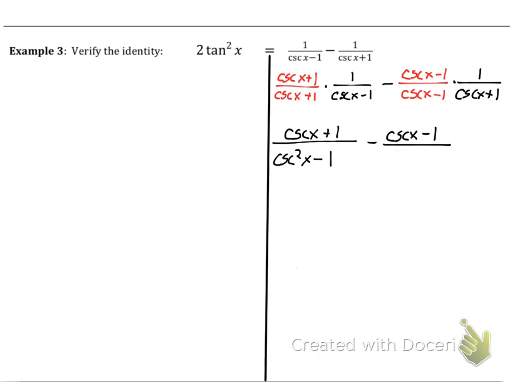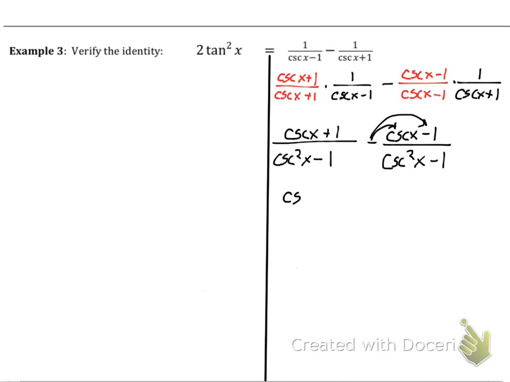This is still a difference of two squares. I got cosecant x minus 1, cosecant x plus 1, so it's going to become cosecant squared x minus 1.